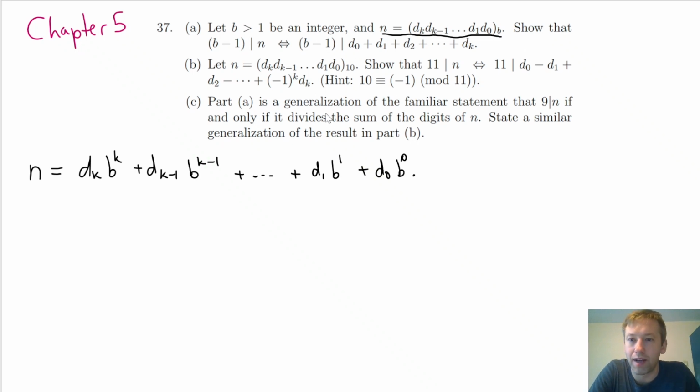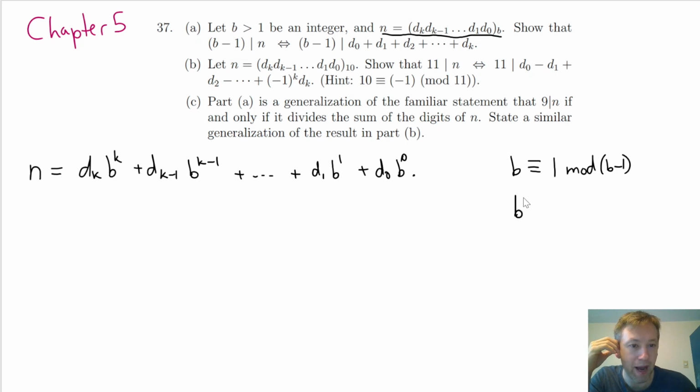Okay, now I want to kind of think about this modulo b minus 1. And note that the key thing we're going to be using here is that b is congruent to 1 mod b minus 1. Right?